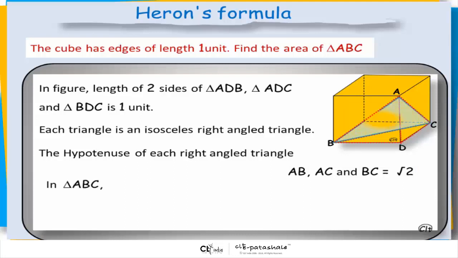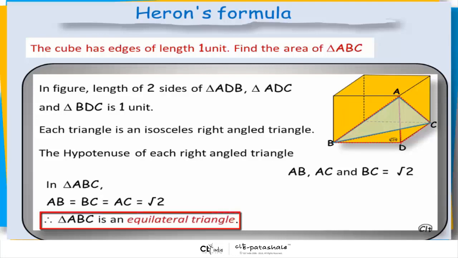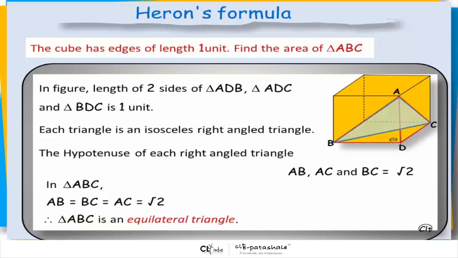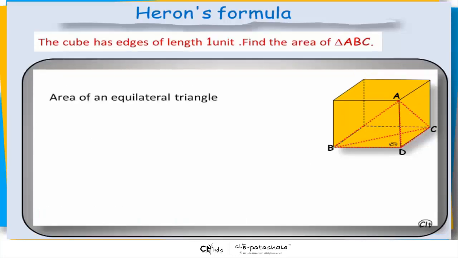In triangle ABC, AB is equal to BC is equal to AC, which is equal to square root of 2 units. Therefore, triangle ABC is an equilateral triangle. Area of an equilateral triangle is equal to a square multiplied by square root of 3 divided by 4.